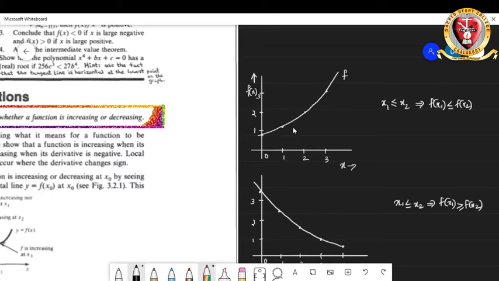If you take a point here, the function is increasing there, like that. That is, for any x1 and x2 such that x1 is less than or equal to x2, f of x1 will be less than or equal to f of x2. This is an important property of an increasing function.